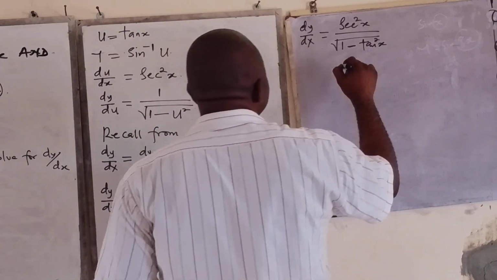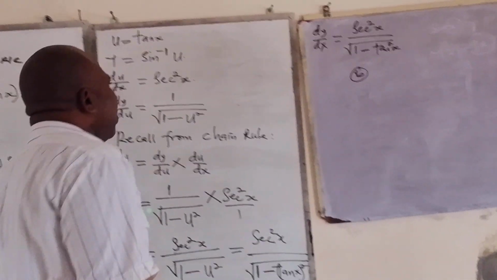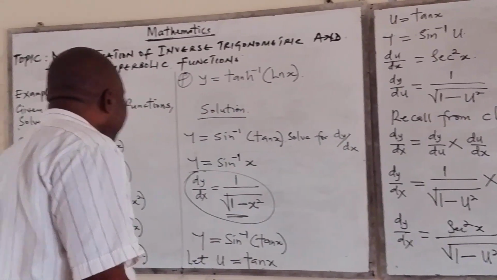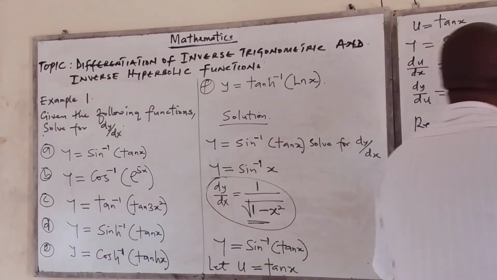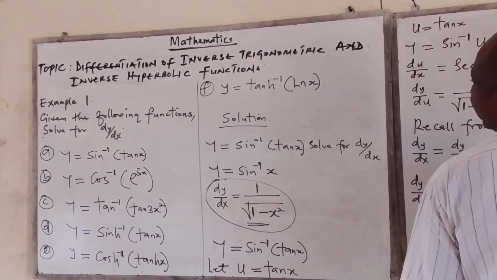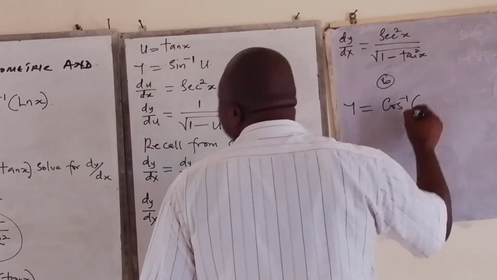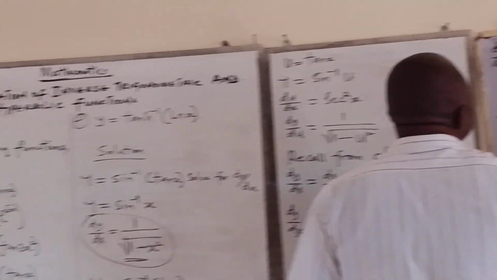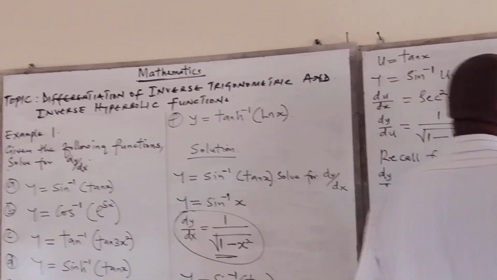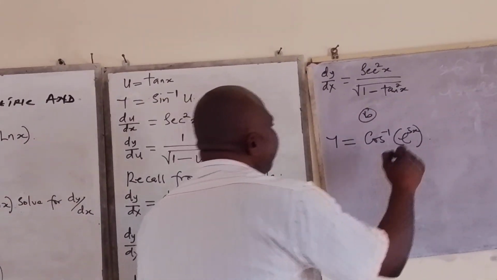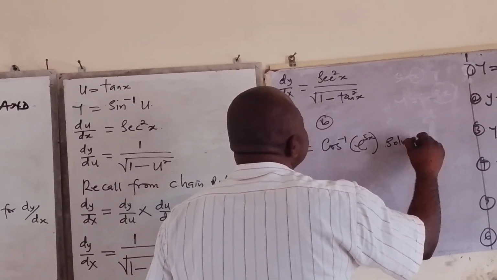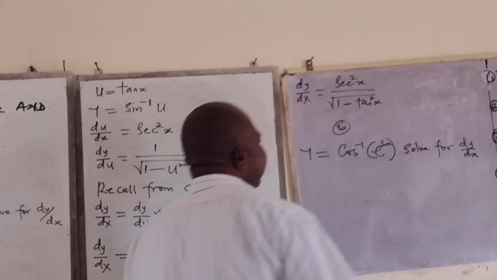Now let's look at question B. Question B, we have y is equal to cos inverse of e raised to the power of 5x. And here we're asked to solve for dy/dx.